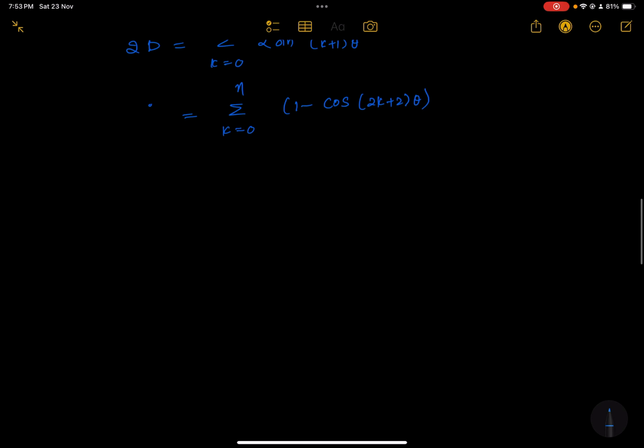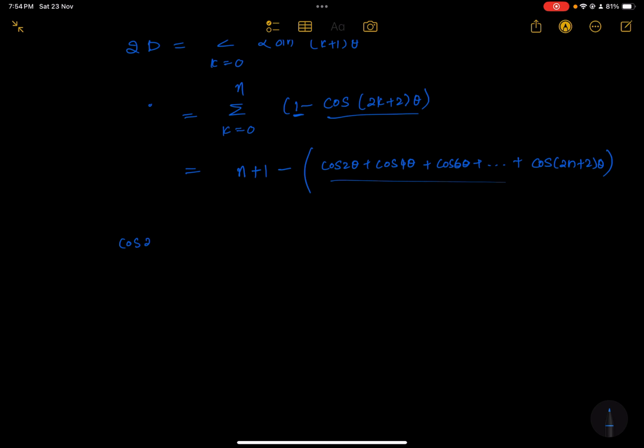And the sigma applies to the entire thing. So this term is independent of k. So when you apply sigma to that, it will simply be n plus 1 minus, when you apply sigma to this term, put the values of k. This will be cos 2 theta plus cos 4 theta plus cos 6 theta plus and so on, plus cos 2n plus 2 theta.